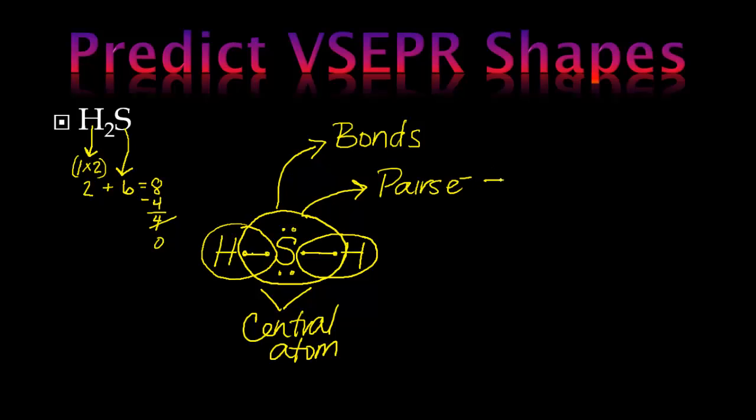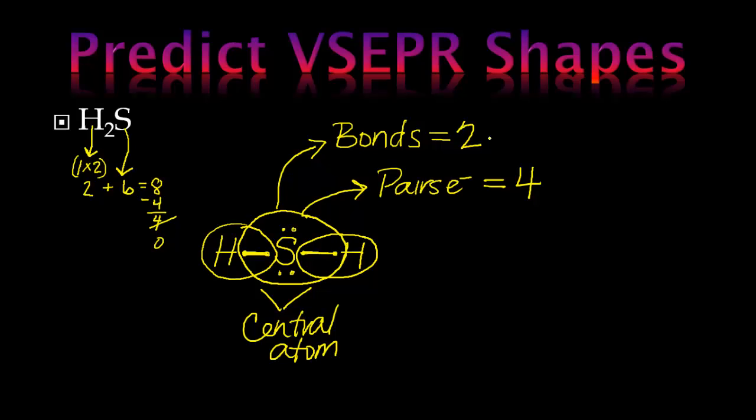So if we start looking at pairs of electrons, we've got 1 pair, 2 pairs, 3 pairs, 4 pairs. So we've got 4 pairs. How many of those are bonded? Well, I've got 1 here and 1 here, so I have 2 bonded. So now you're going to look on your orange sheet, and you're going to look at the side that says pairs and the side that says bonds, and you're going to see where pairs and bonds intersect.